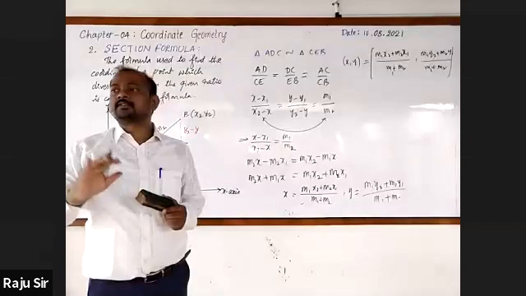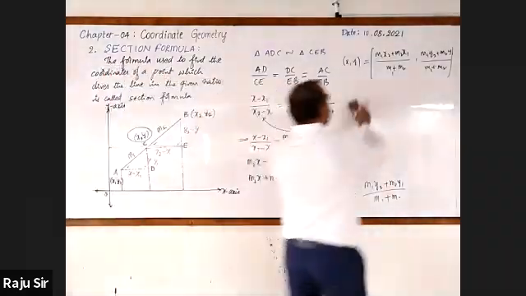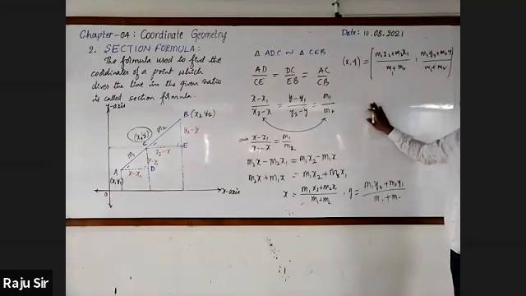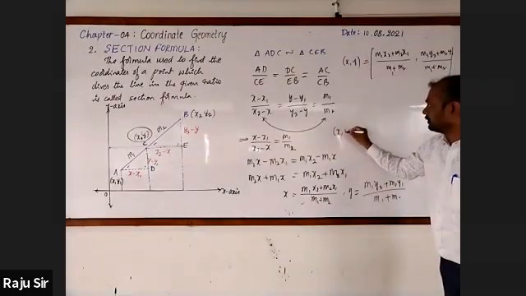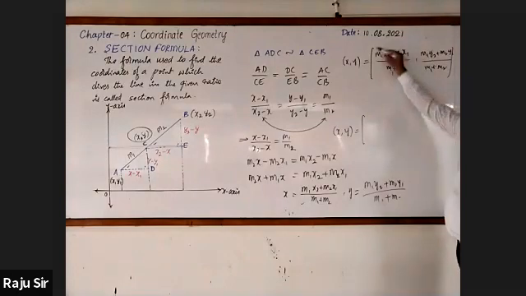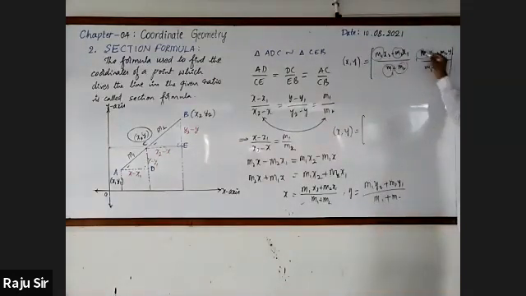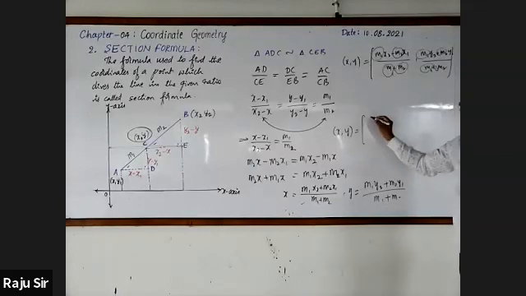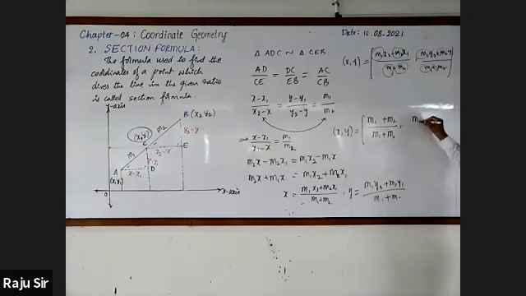It can be written in a simpler way also. I'll rewrite the formula. X comma Y is equal to, M1 plus M2 by M1 plus M2, next, M1 plus M2 by M1 plus M2, next, X2, X1, here Y2, Y1.